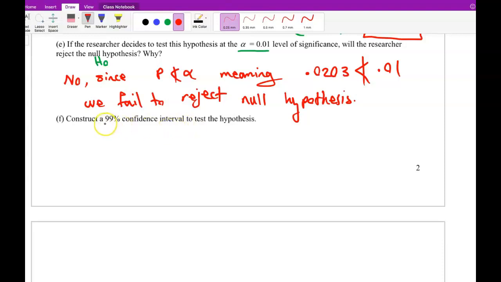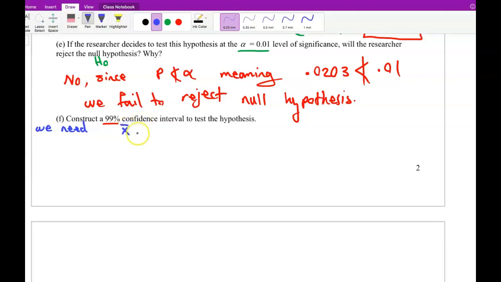Here we have 99%, so finding alpha first: 1 minus 99% is equal to 1%. So this part we need to find our confidence interval.